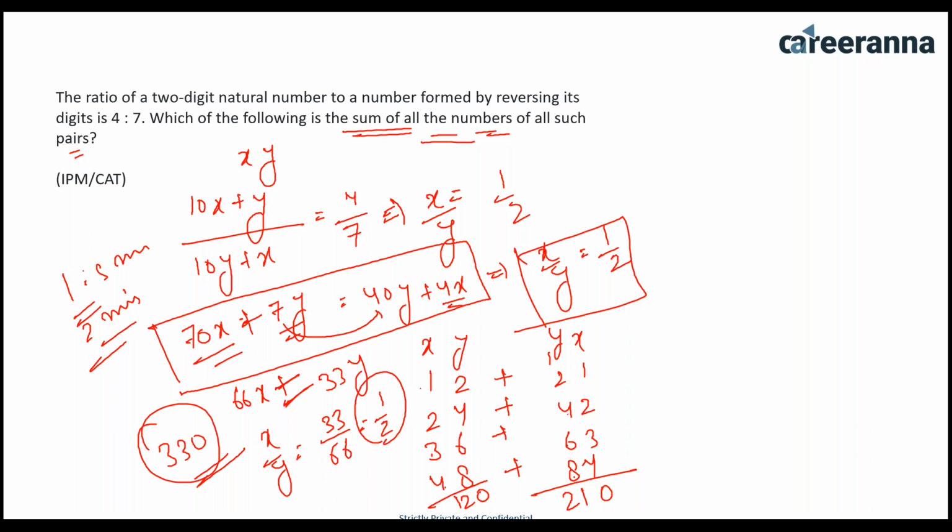I cannot go further, because if I take the numbers 55 and 110, it is not a two-digit number. I have to find all the two-digit numbers. Is it clear?